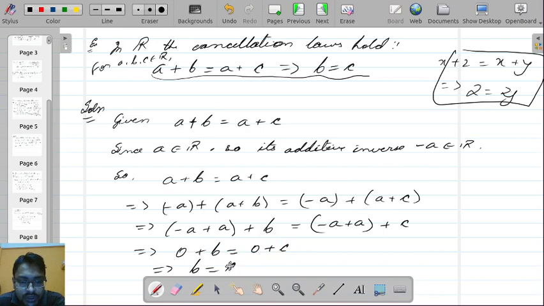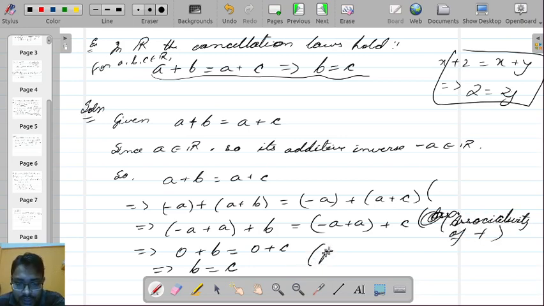This is equal to b and this is equal to c. When you write these things in an exam, please make sure that you list out the properties as well. Here I have used the associativity of addition, and here I have used the property of additive identity.